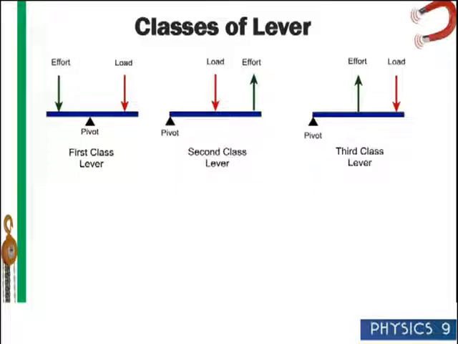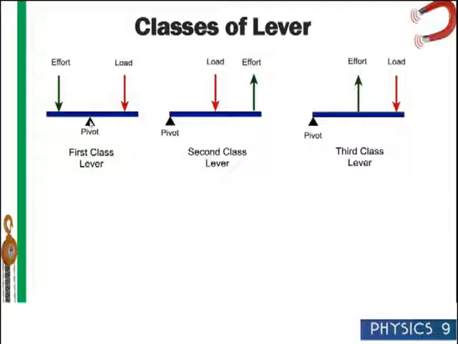We're now going to have a look at how you can classify levers, in other words, the different classes of levers. In the diagram you can see that there are in fact three classes of levers: the first class lever, the second class lever, and the third class lever.